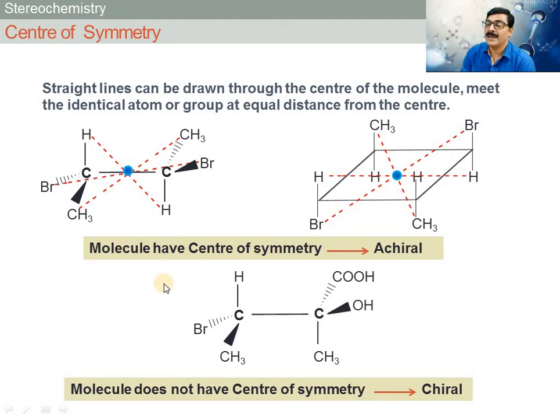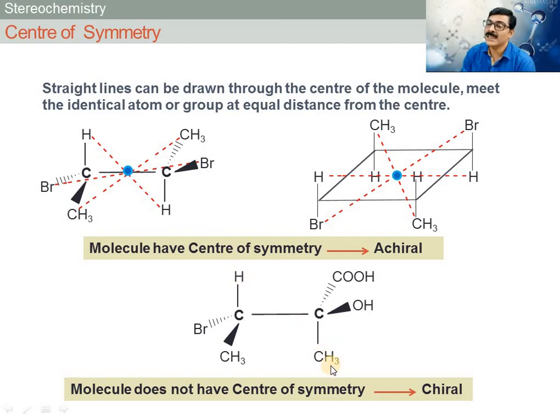Now then, let us see the next example. Now, from the center of this molecule, if you draw the straight line, then on this straight line, the first atom is hydrogen and then CH3. So it is not identical.